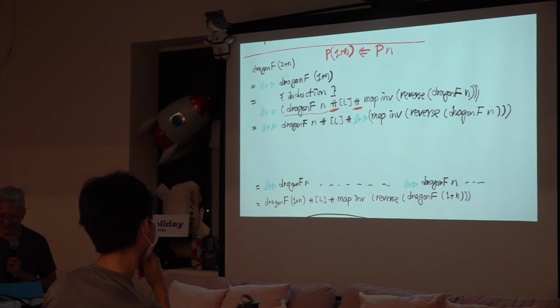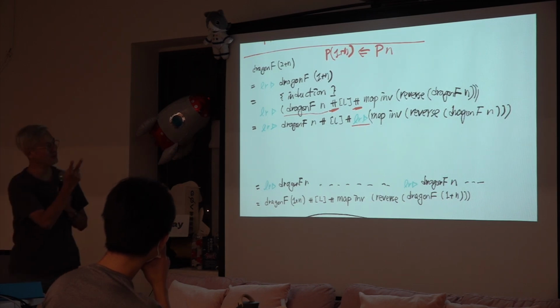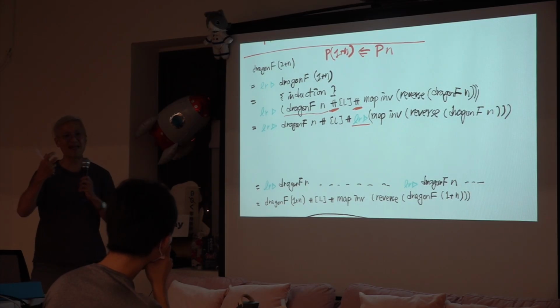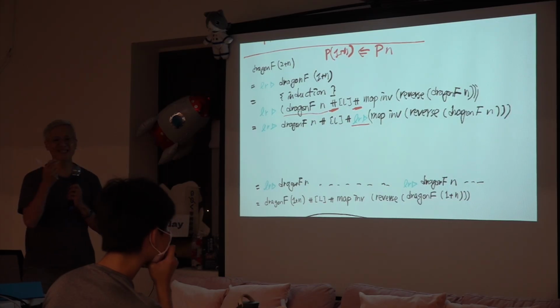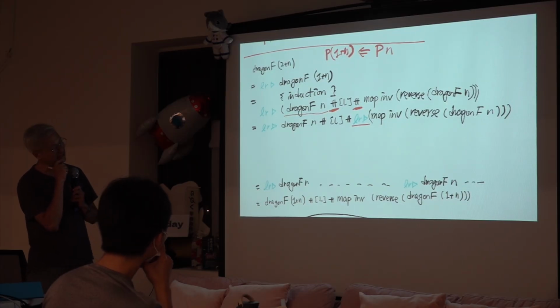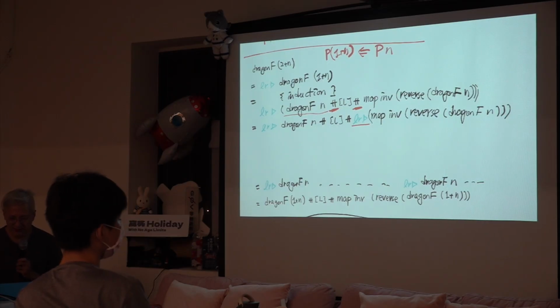Then now, okay, I will try harder. Try to move around closer to here. Okay, there's still 2 steps to overcome. Now, what happens when LR interleave meets map inv?